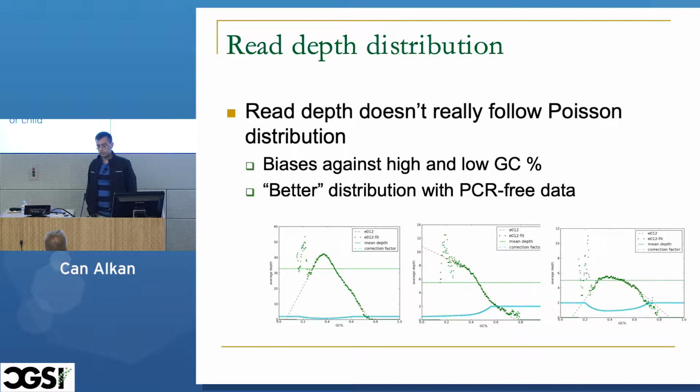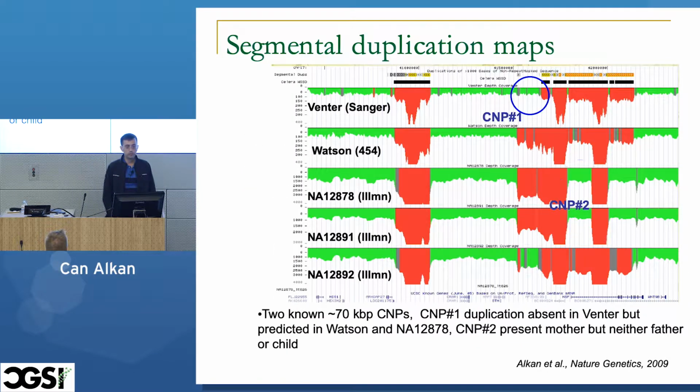When you do those read counts, you can find duplications. For example, this is from 5 different genomes. The red parts are the increased read depth regions, and the green parts are the normal read depth regions. And you can find copy number polymorphism.